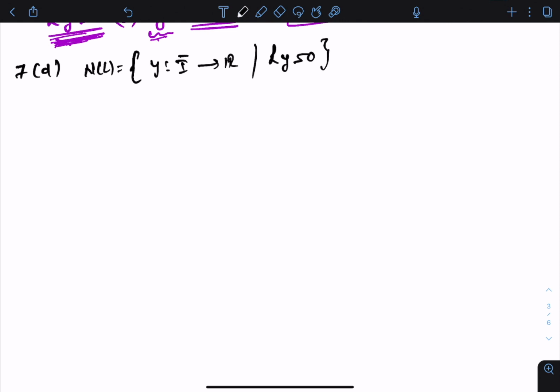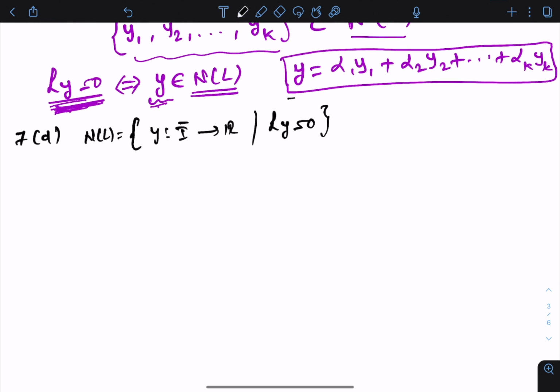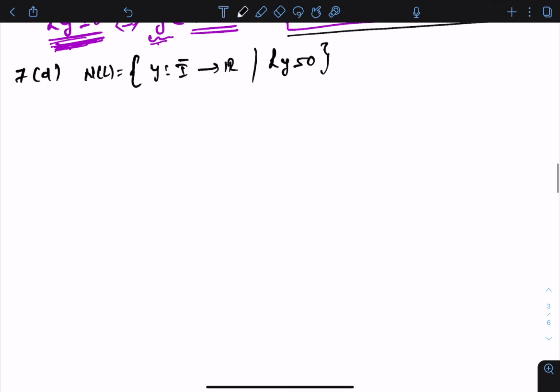And we have already seen that any solution will be a linear combination of k elements. That's fine. Now let's look at the inhomogeneous problem with f, where f is not the constant function 0. Here it's the constant function 0. So what happens to this inhomogeneous problem?